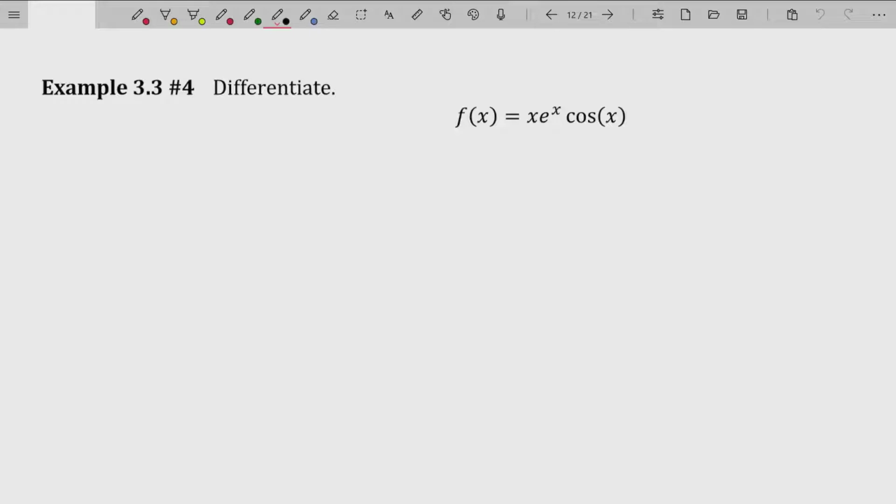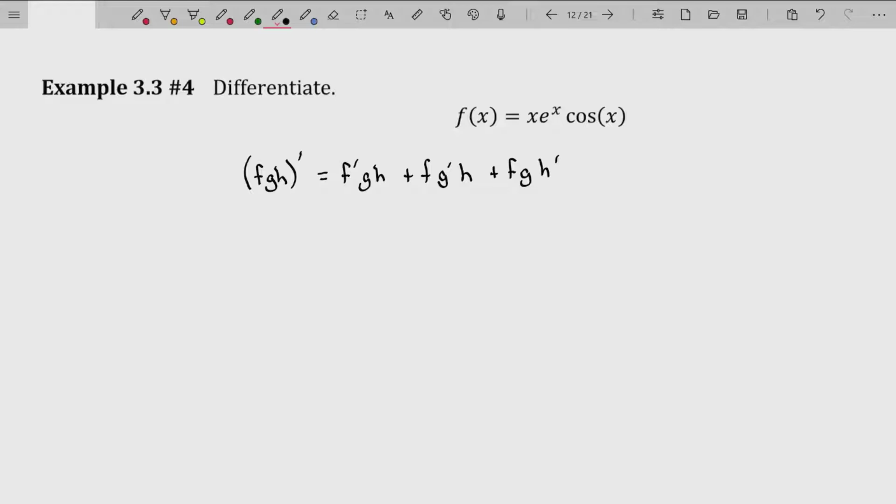And that theorem is, if you have a combination of functions, f, g, and h, and you take their derivative, it'll be the derivative of the first times the second and the third, plus the first times the derivative of the second times the third, plus the first times the second times the derivative of the third. So this is an extremely useful theorem.